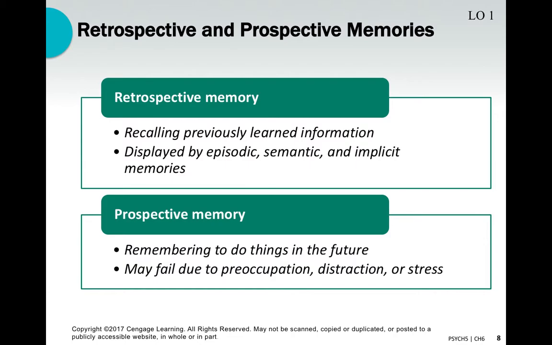My recommendation, as a graduate student, is that I am a big fan of writing lists and keeping ahead of what I need to know and do each day, because otherwise I get preoccupied and forget what I need to do in the future. When's this test coming up? When's this paper due? So just a little tip to help you keep organized if you have a lot going on. Anyway, retrospective is memories of the past. Prospective is things you have to do in the future.